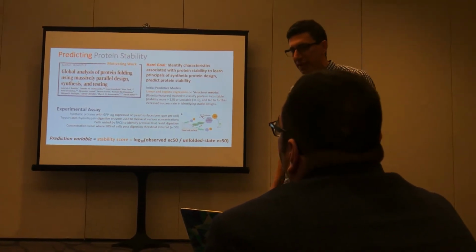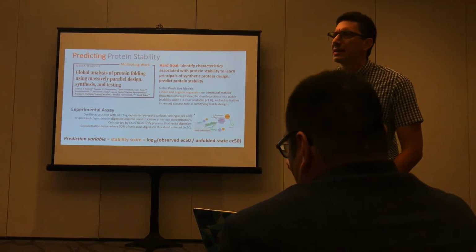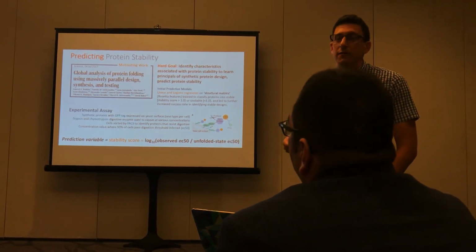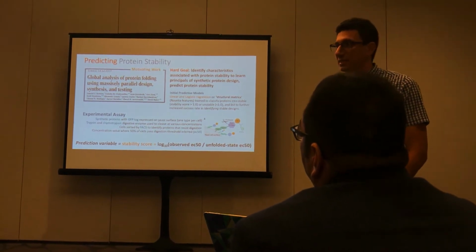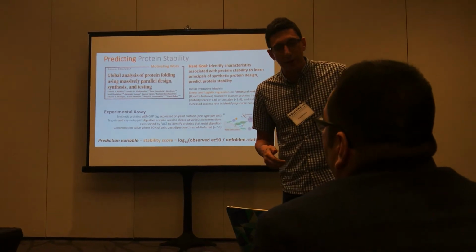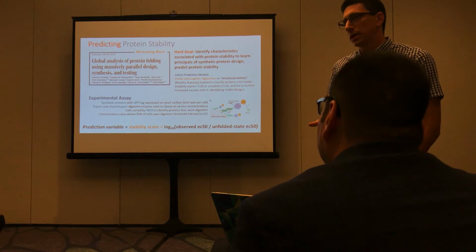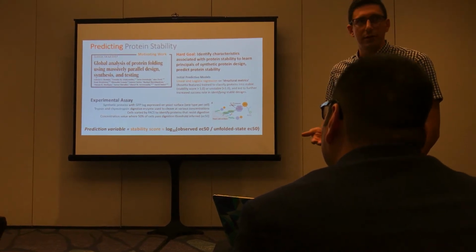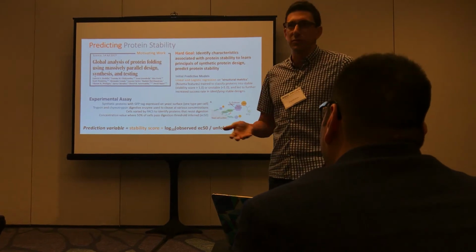I'm not going to go into that too much, but the big takeaway is that we're able to assay protein stability for synthetic proteins on the order of 30 to 50 amino acids that are designed by the Baker Lab and people therein. They quantify how stably these proteins fold into a stable conformation, or minimal energy conformation, and they can do that on the order of thousands or tens of thousands of proteins simultaneously.